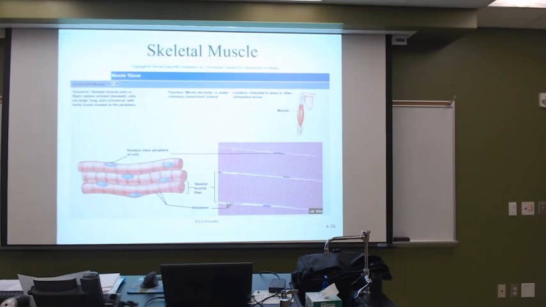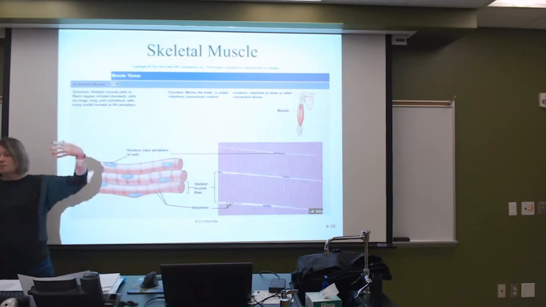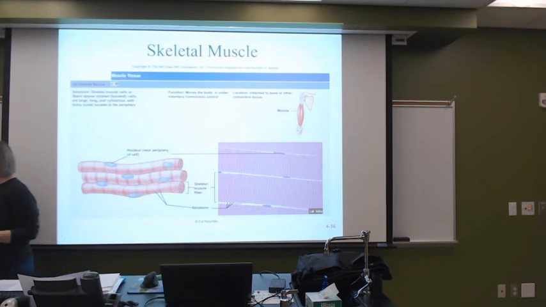Skeletal muscle is a tubular structure. It looks like this long tube. Up to this point, we have learned pretty much that a cell only has one nucleus.